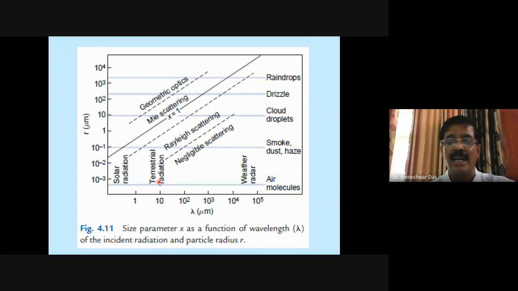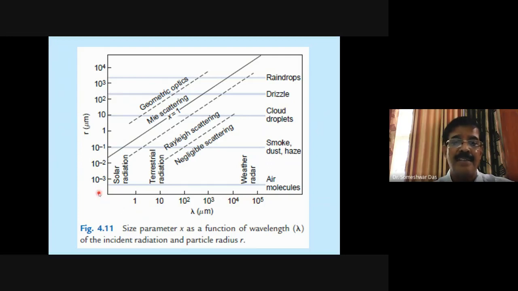These radii are for different particles: air molecules having a radius of 10⁻³ micron, smoke, dust and haze having a radius of 10⁻¹ micron, cloud droplets about 10 micron, drizzle about 100 microns, and raindrops about 1000 microns. So for different particles present in the atmosphere, whether raindrops, haze, smoke or aerosols, the scattering changes according to the wavelength.